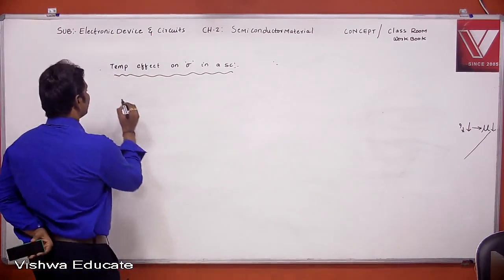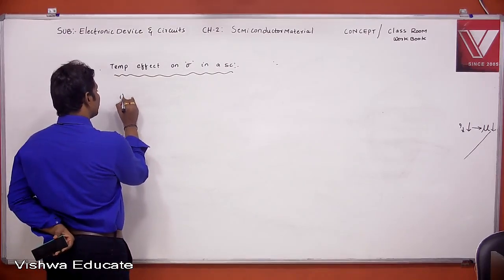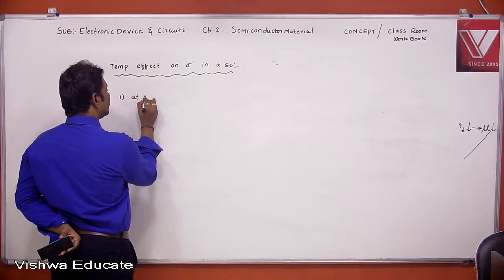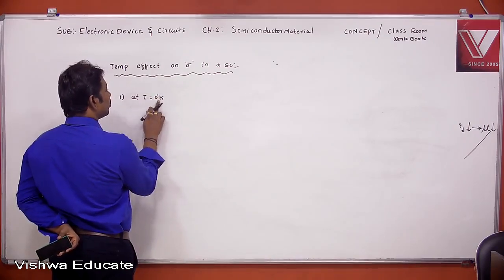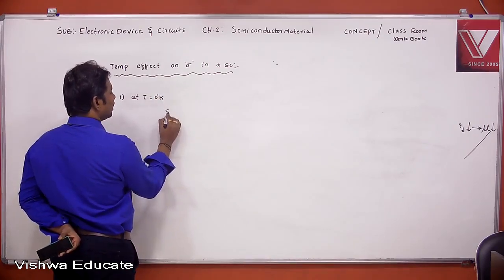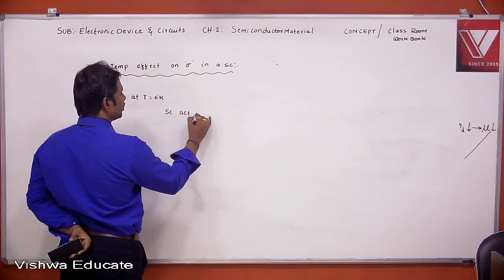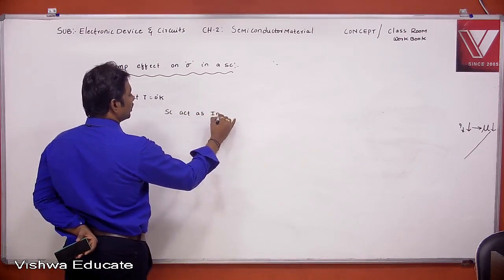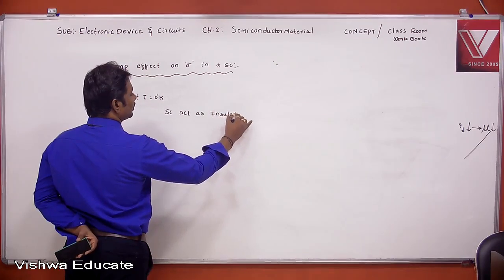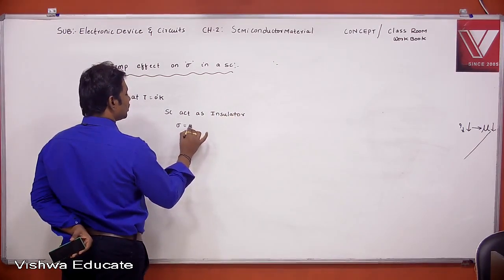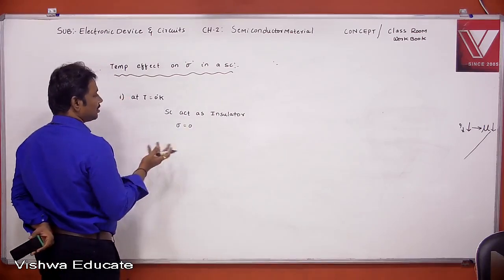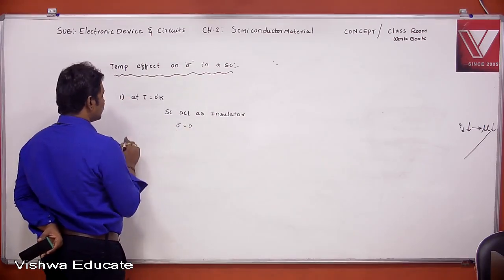First I start with case 1: at T equal to 0 degrees Kelvin, my semiconductor acts as an insulator, right? Semiconductor acts as an insulator means what is the value of conductivity? 0. Because an insulator won't conduct, so conductivity is 0.